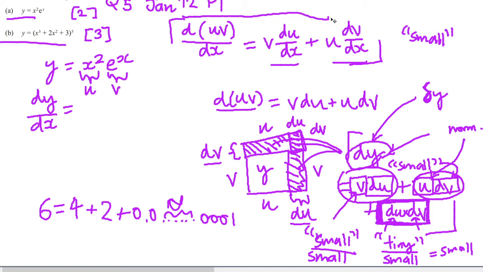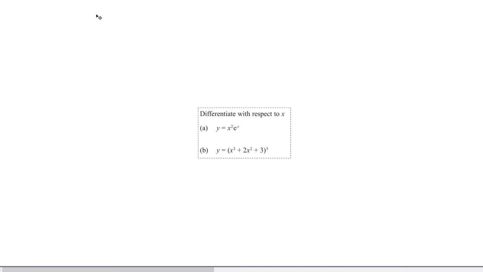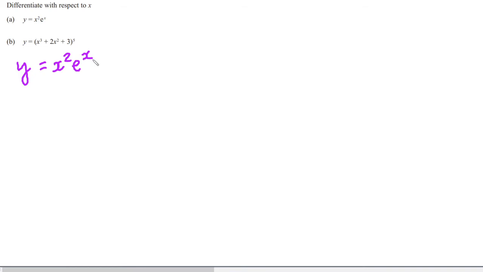d(uv) is equal to v du by dx and u dv by dx. So if I just clear the board a little bit and move this back because I had a pen error there. We have y is equal to x squared e to the x, and we'll call this u, we'll call this v, and now we'll apply the product rule.